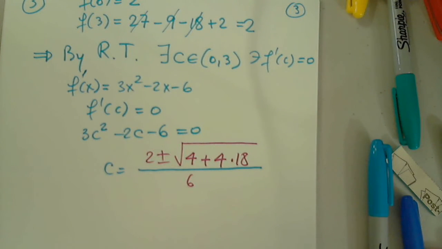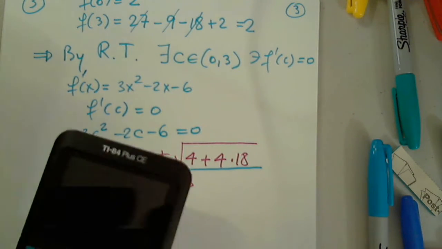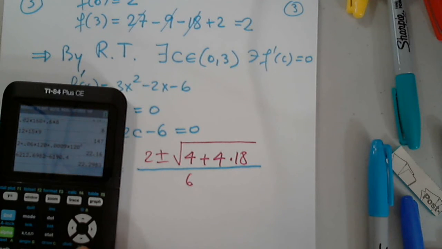Sorry, I have to use the calculator because I don't want to waste your time. So 2 plus the square root of 4 plus 4 times 18, divided by 6. And the other one most probably will be negative, so we're not going to use it anyway.